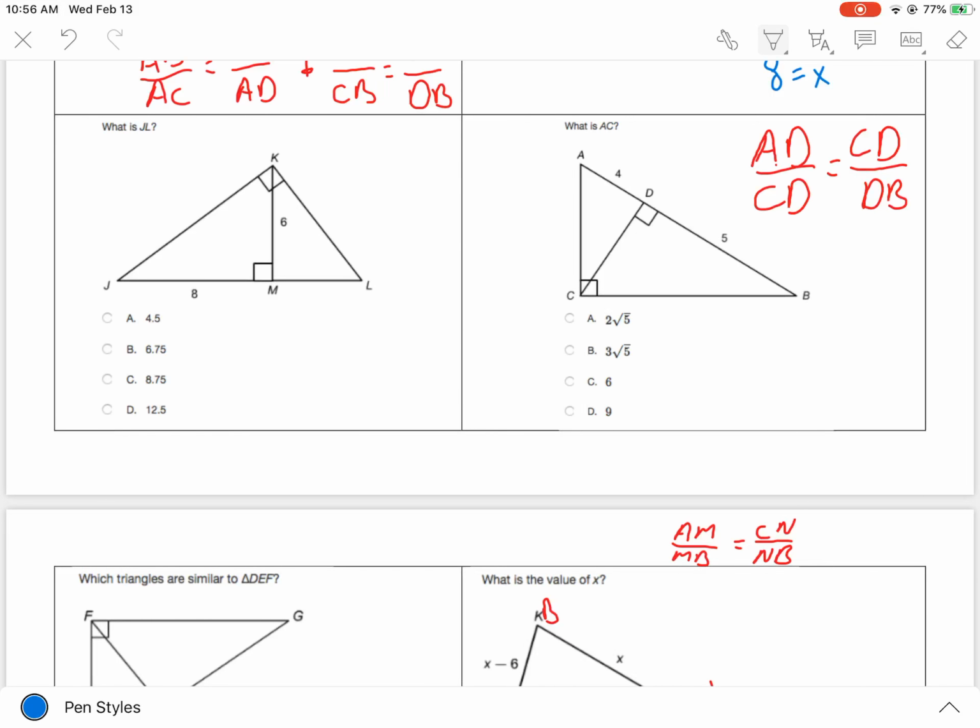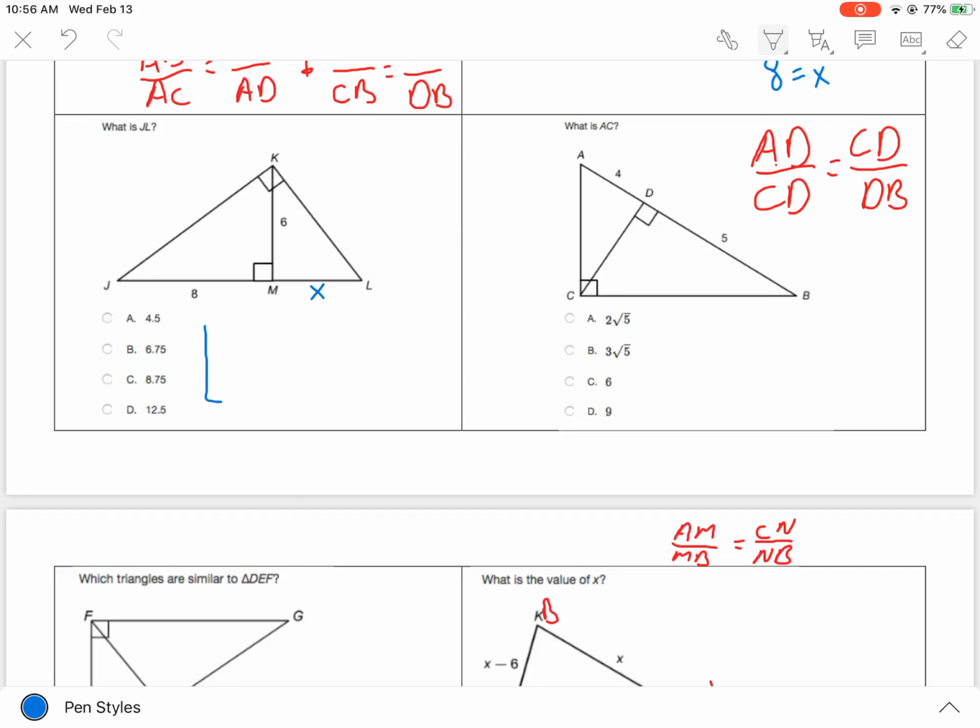JL. What is JL? So the entire length, so we have to find out what this is. So then we know that all these triangles are similar. So we have a long leg.